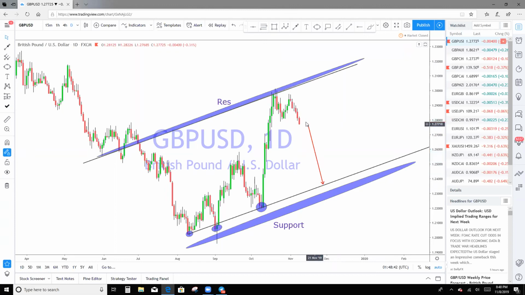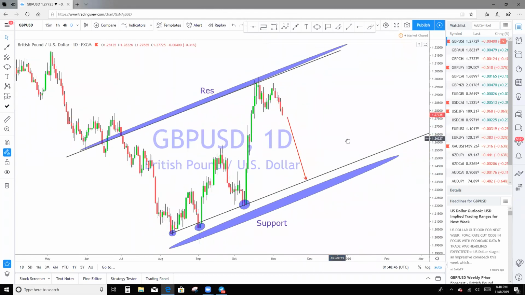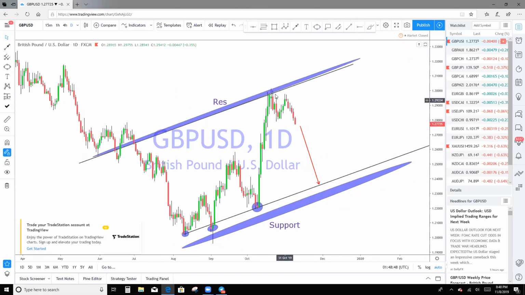But we want to scale in. We want to figure out how we can take advantage of this market right now. So obviously, our directional bias is what? What opportunities should we be looking for just based off the daily? If we were to come into the market next week, what opportunities do you think we should be looking for?